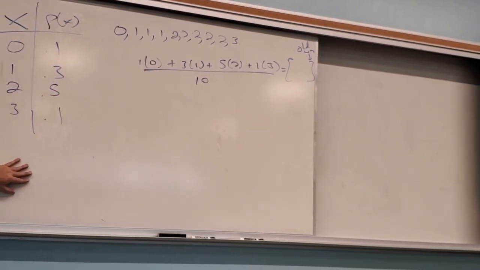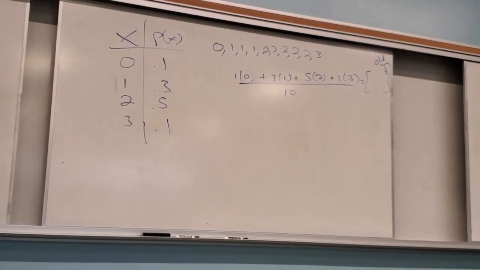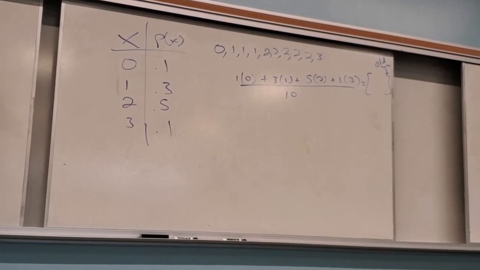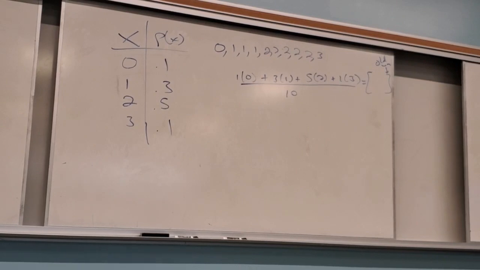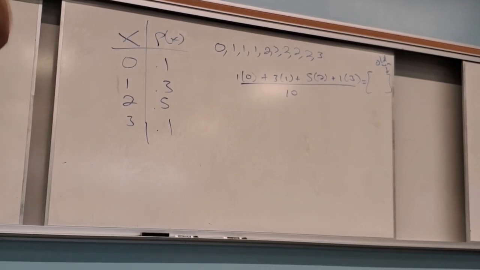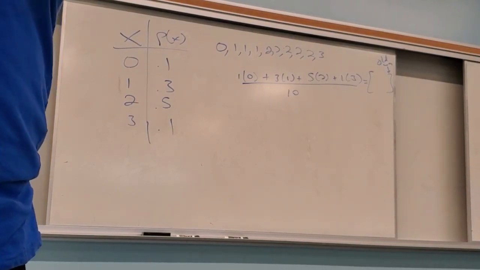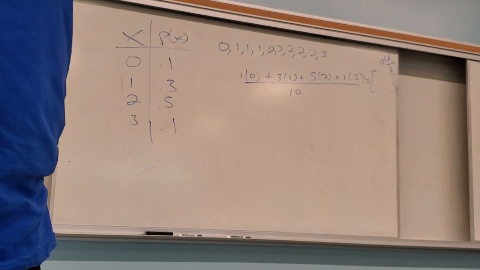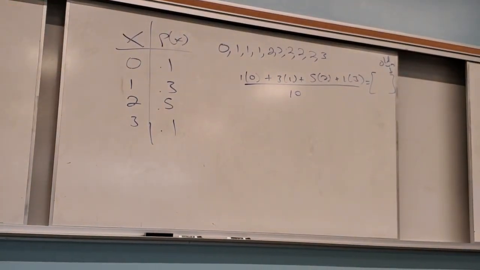Real quick. If I would have put 0.135, what is 0.135 as a fraction? Not as a percent, as a fraction. Tenths, hundreds, thousands, right? So 135 over 1,000. Real quick, how many decimal places?